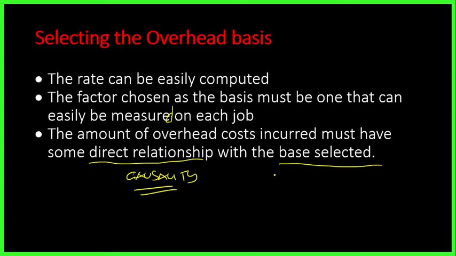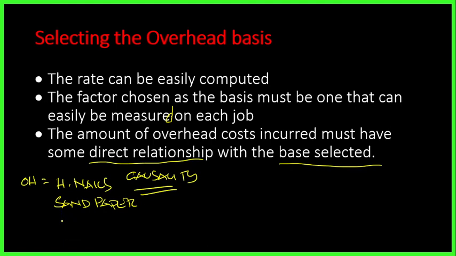Like for example, let's say your factory overhead is composed of costs like, let's say you're into wood furniture. So some of your overhead cost is, let's say, hardware nails. And then you also have your sandpaper. What else do you use to come up with a wooden furniture?